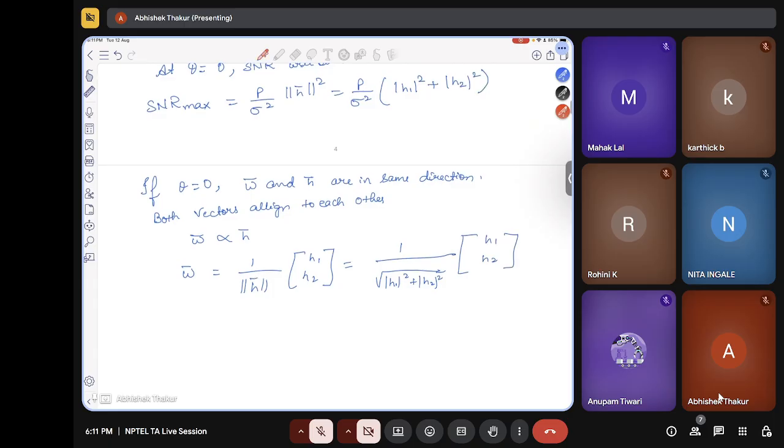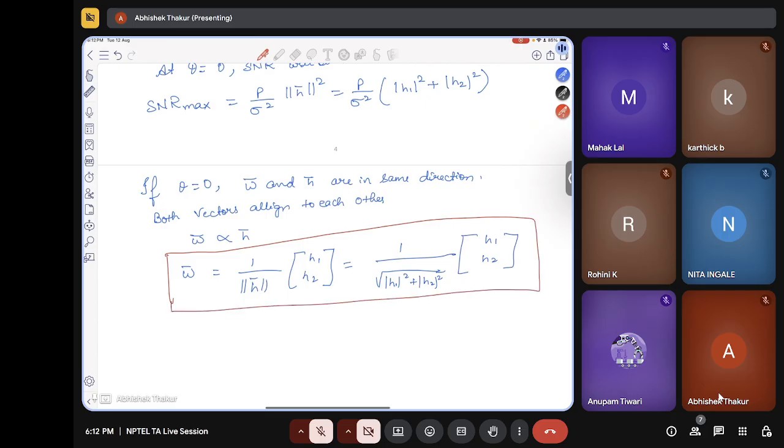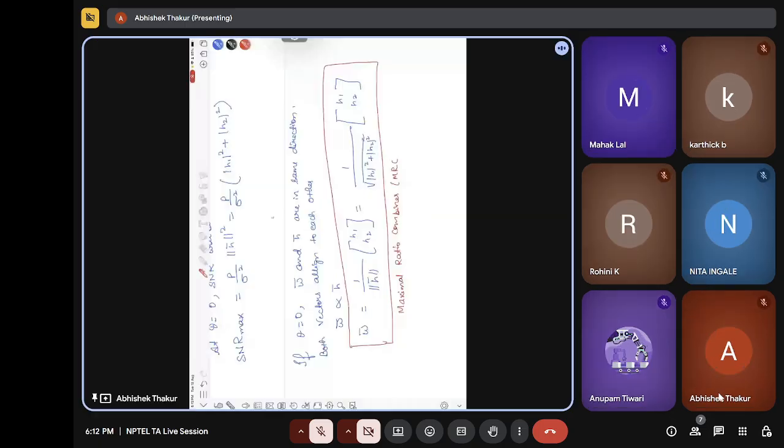And this precoding matrix W bar is known as maximal ratio combiner, MRC, which is taught in this lecture, and we'll solve some questions based on this as well. Up to this, I hope it is clear.